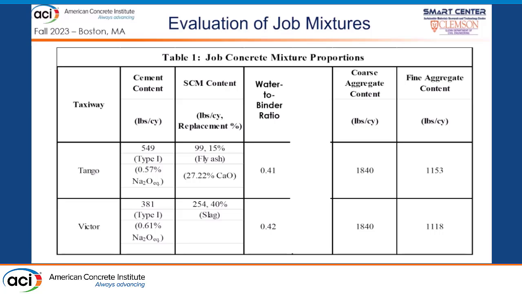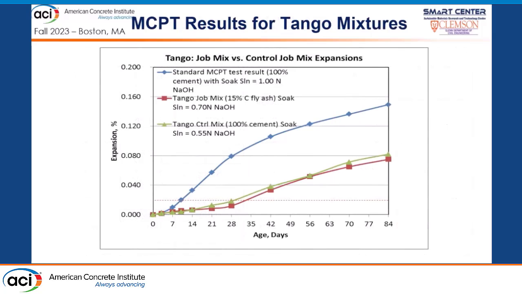And so what we did was we took this mix design data and we ran a bunch of MCPT tests. The blue curve here represents the standard MCPT test with the aggregate. The other two represent the Tango mix with the job mix of 15% fly ash, and the green is the control with the straight cement.